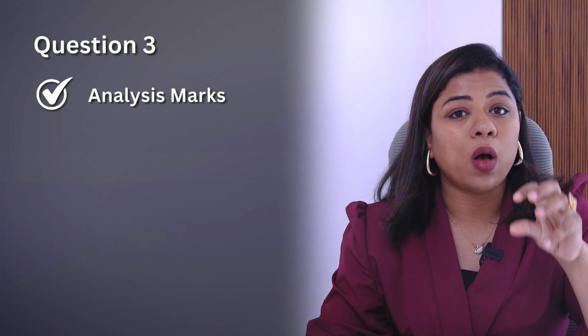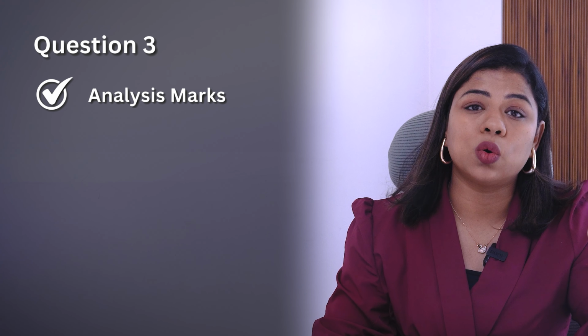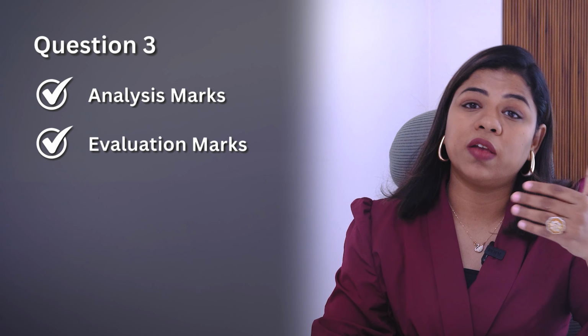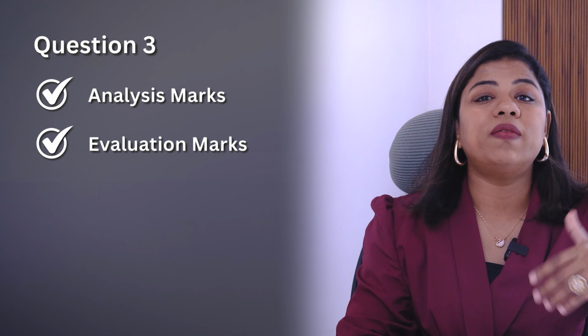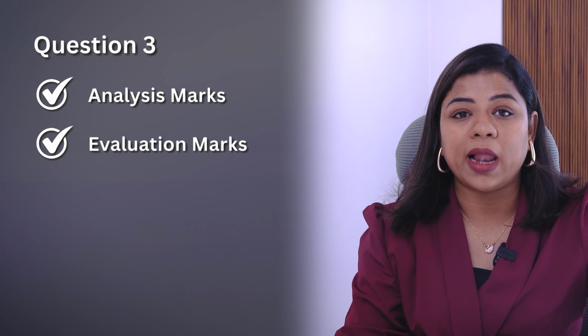The 2-part marking secret. And here's something most students never realize. Question 3 and 4 use split marking criteria. For question 3, which argument is more convincing? That is what examiners are asking you. You get marks for analysis, that is how well you compare arguments using source materials. You get marks for evaluation, that is how well you evaluate reasoning, evidence, and language.